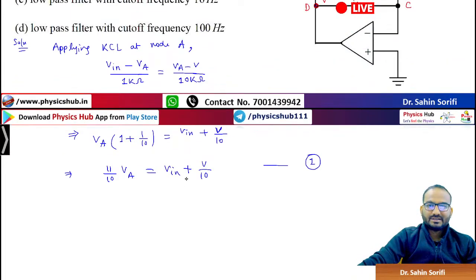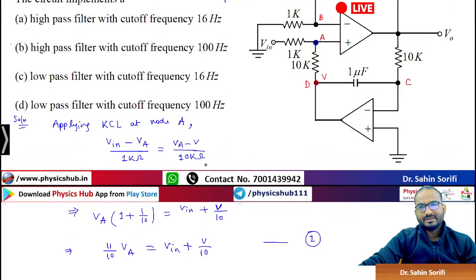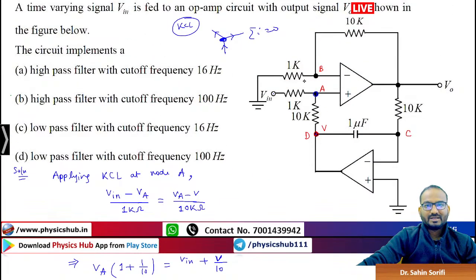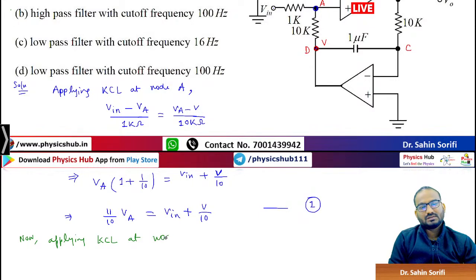To calculate V, we are applying KCL once again at point B. KCL at node B. Because of the virtual ground concept, virtual short concept, voltage at B is equal to voltage at A.